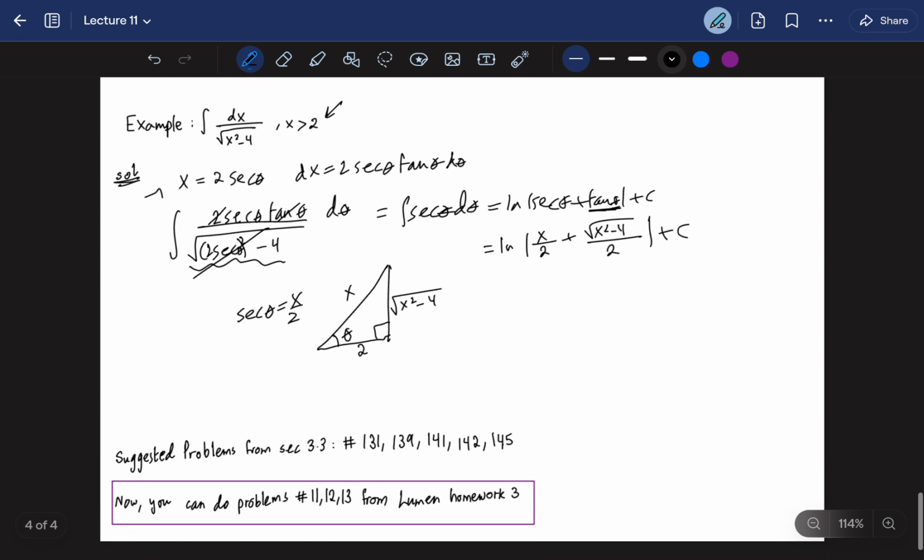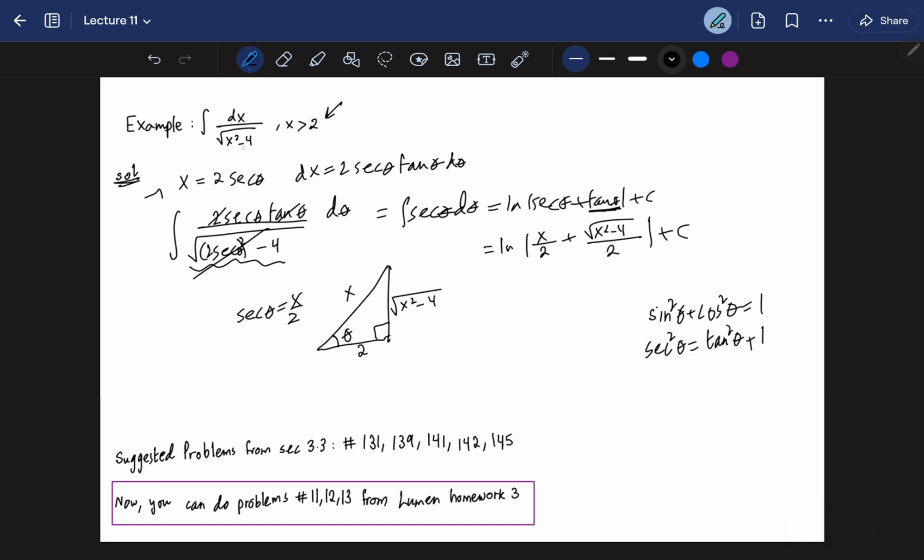You have these suggested problems, and you can do these problems from Lumen. Keep in mind that the main idea with these substitutions is all about these identities. If you're able to use these identities to relate, like, oh, if I have a negative 1 here, I need to have a negative here.